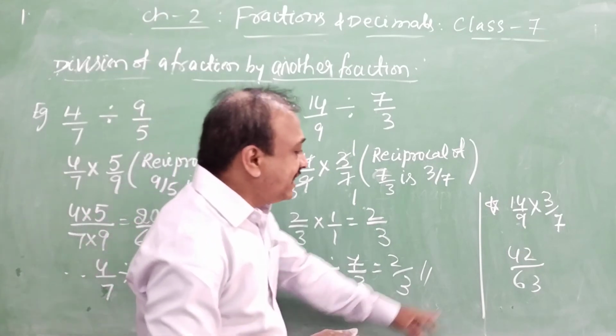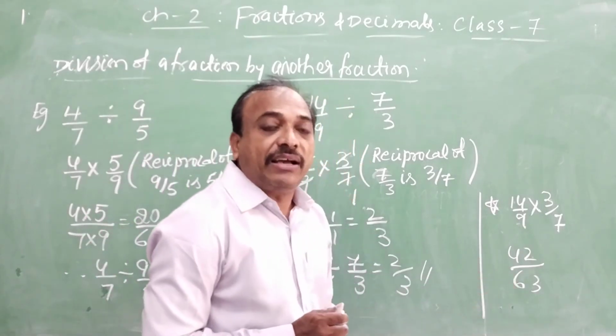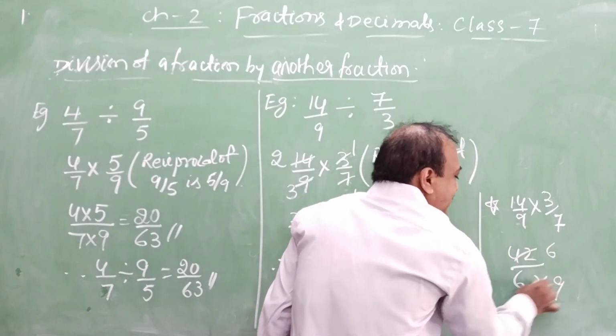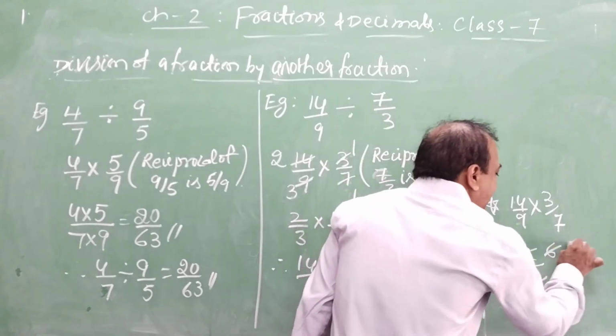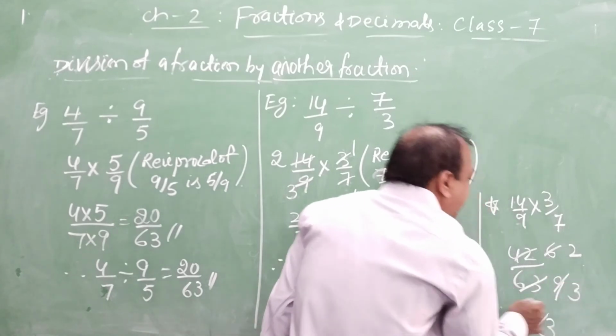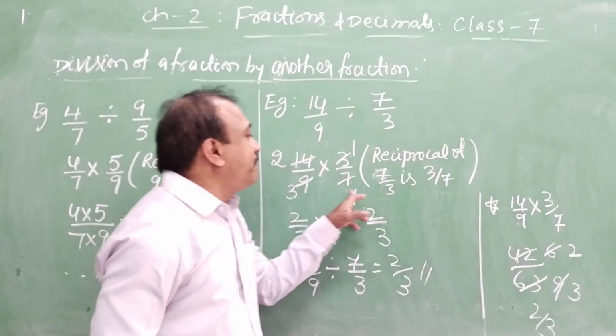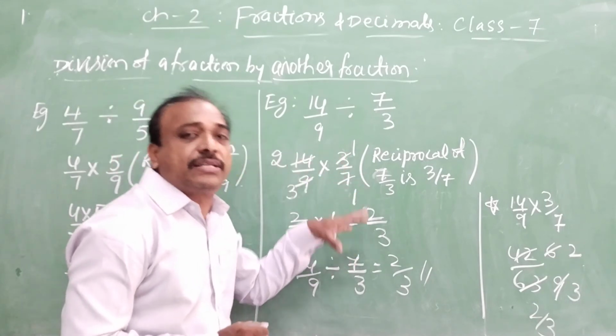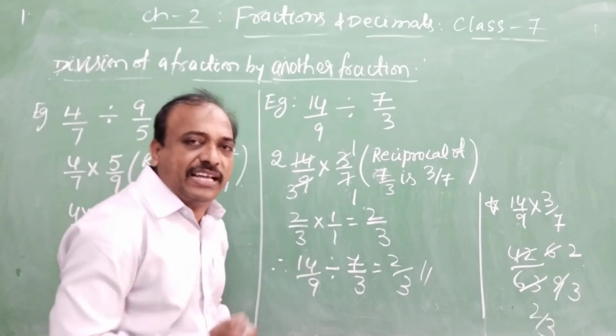Now we can cancel these with the 7 table. 7 sixes are 42, 7 nines are 63. Again, 3 twos are 6, 3 threes are 9. So finally you are getting 2 by 3. This way also you can simplify, or else you can cancel like this. Whichever you feel comfortable with. I hope it is clear to you.